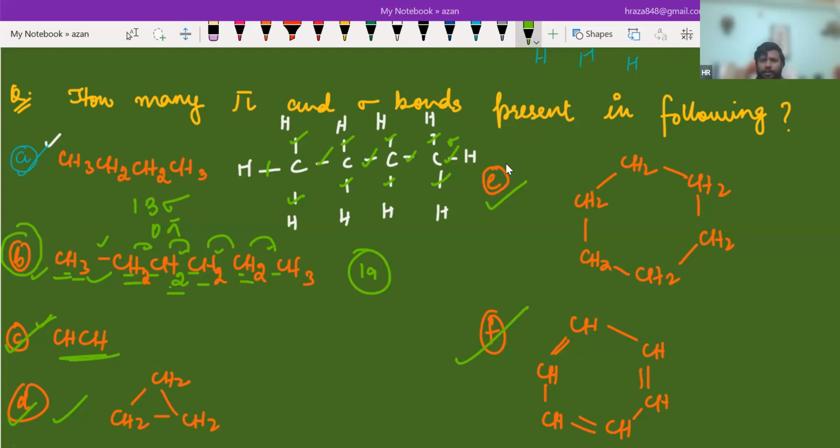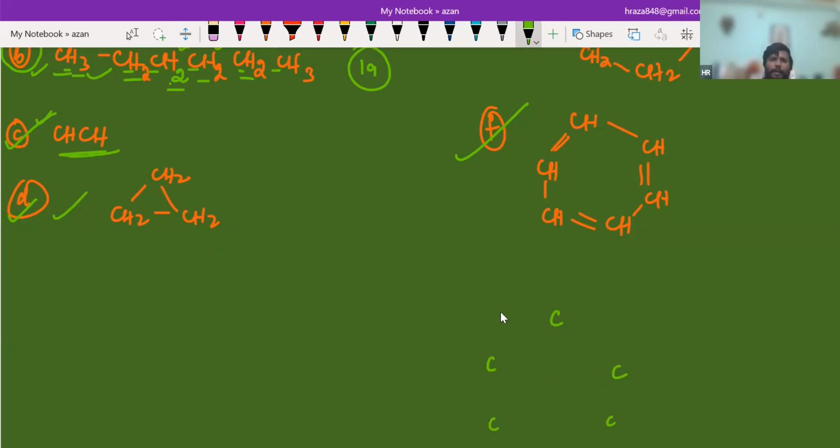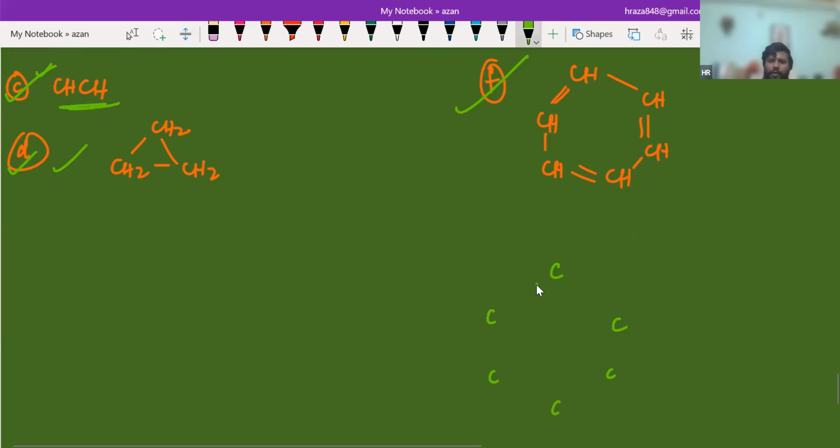Yeah, it's the wrong answer, I think. 3 pi. See, there will be, I think, 12 sigma bond. I'm gonna write the structure. So this is your C, C, C, C, C, 5 carbon, total 6 carbon is there. So this is your C. All are singly bonded.